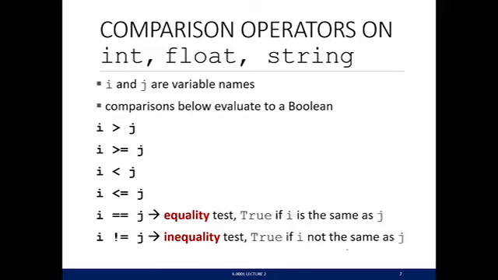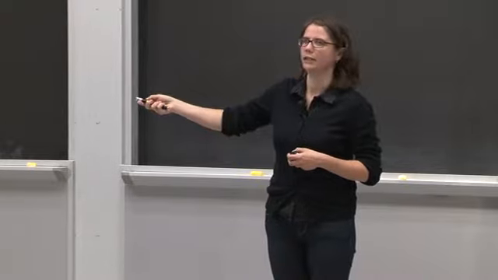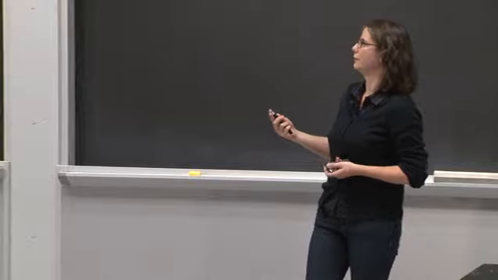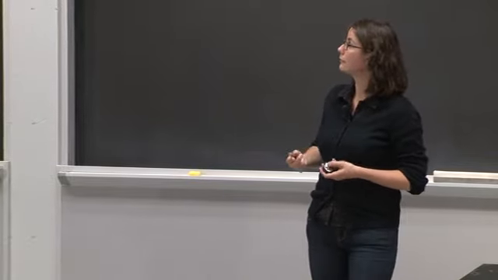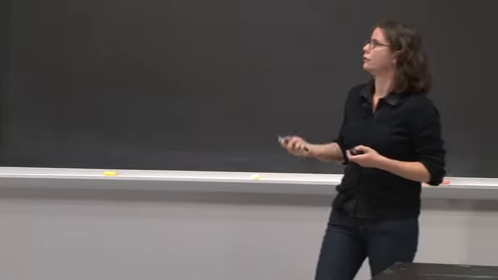Okay? And that's, again, also going to give you a Boolean, either true or false. And you can also test for inequality with the exclamation equal. So that means, is the value of the variable i not equal to the value of the variable j? True if yes, false if no.